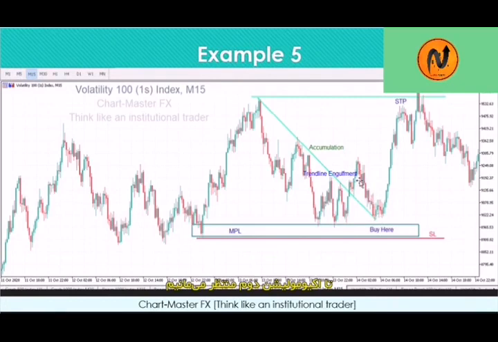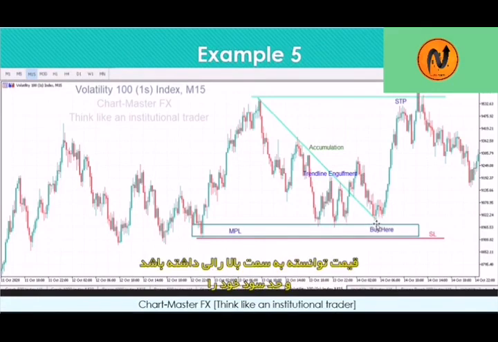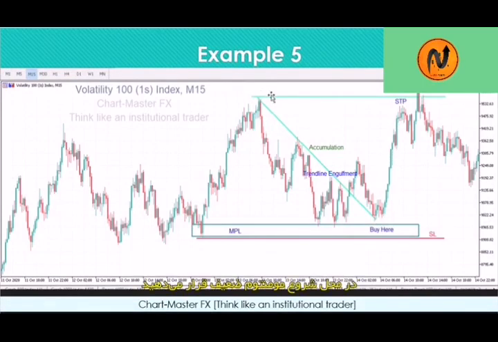Once the trend line was engulfed, then we waited for the price to come back on second accumulation. So this was not a perfect accumulation, as we can say. Yeah, it was not perfect, but however it worked, and the price was able to rally up. So you put your take profit where the weak momentum began.